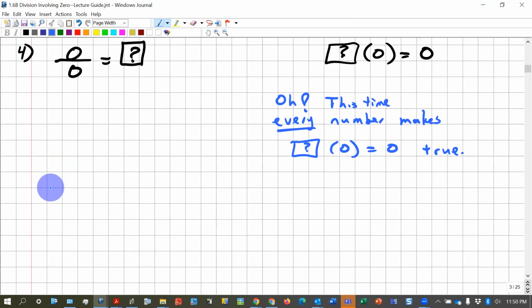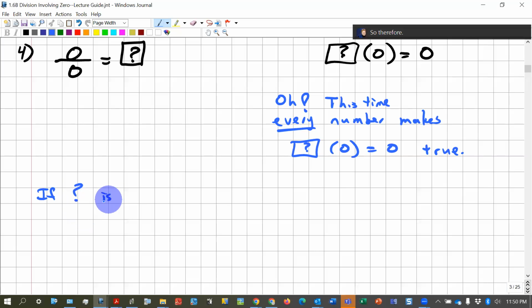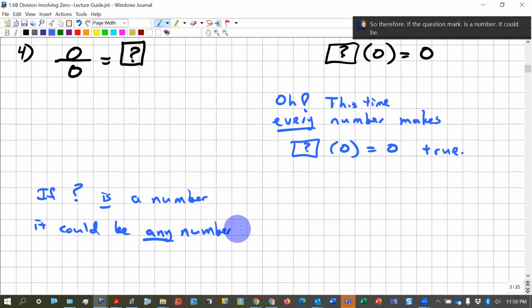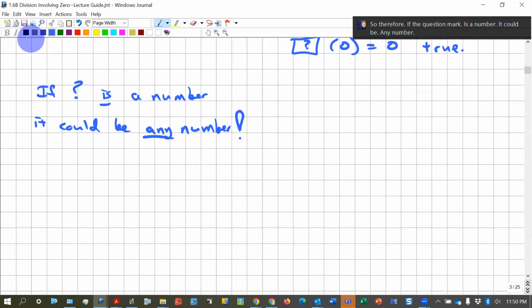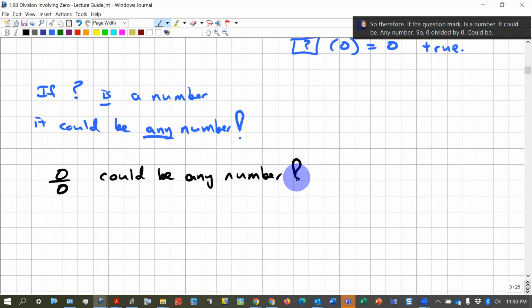So therefore, if the question mark is a number, it could be any number. So 0 divided by 0 could be any number.